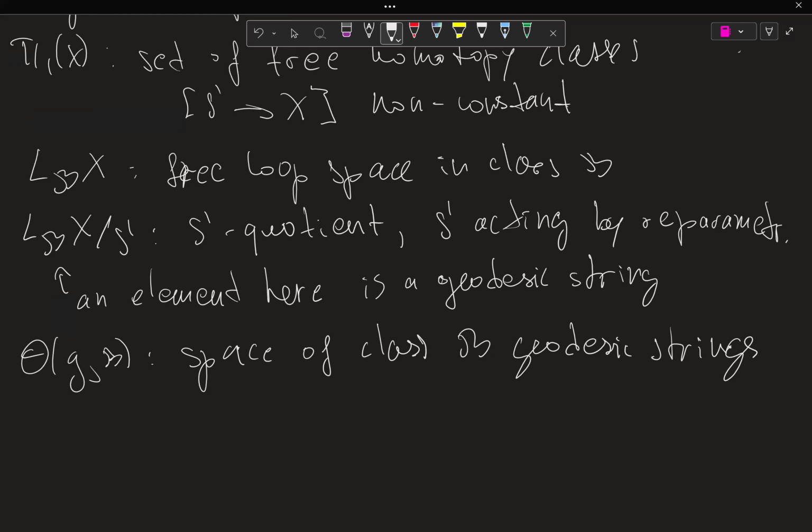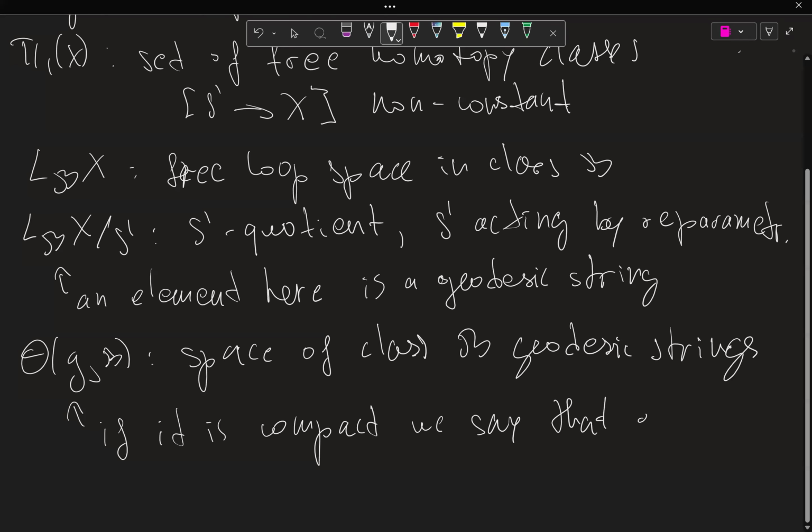If this is compact, we say that G is admissible.